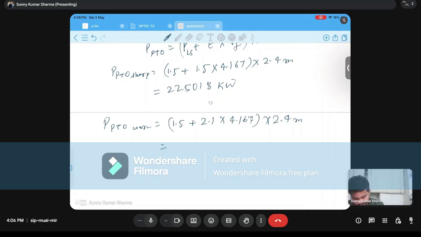So it will become 1.5 plus 2.1 into 4.167 into 2.4, which is 24.601.